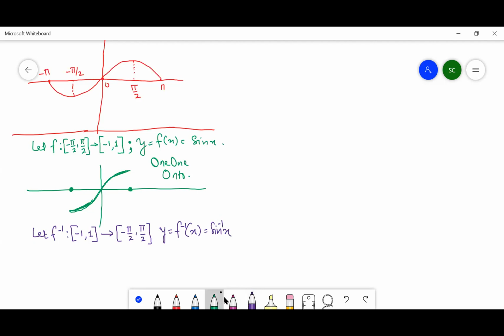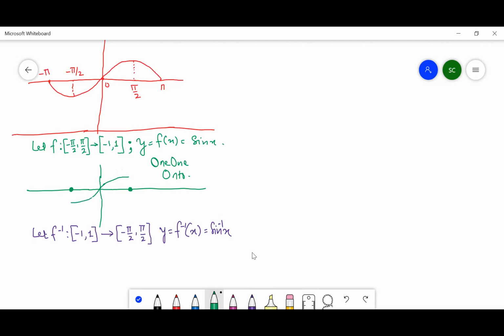Let me draw that curve once again. Drawing it on this whiteboard is a little difficult, but I think I am doing good, because here is a very nice curve.